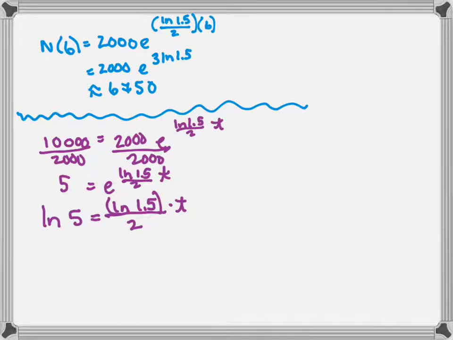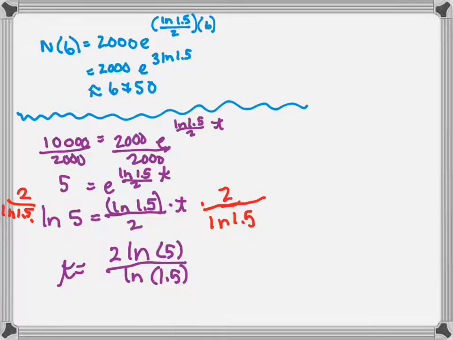We will write this in log form. The natural log of 5 equals the natural log of 1.5 divided by 2 times t. We will divide both sides by the natural log of 1.5 divided by 2, which is the same as multiplying both sides by the reciprocal, 2 over the natural log of 1.5.